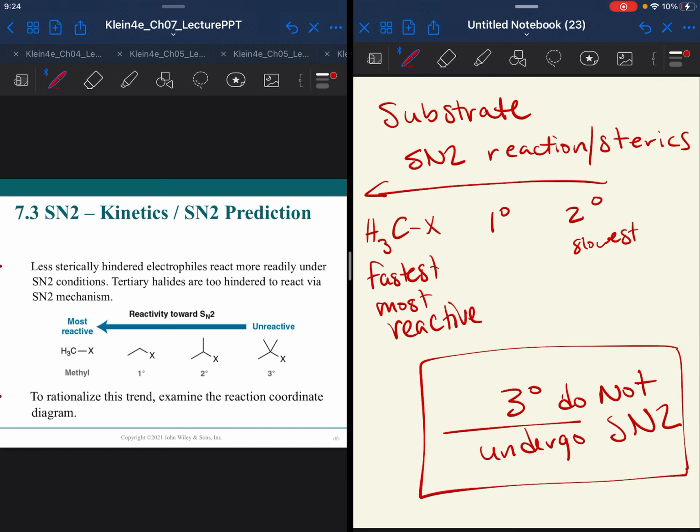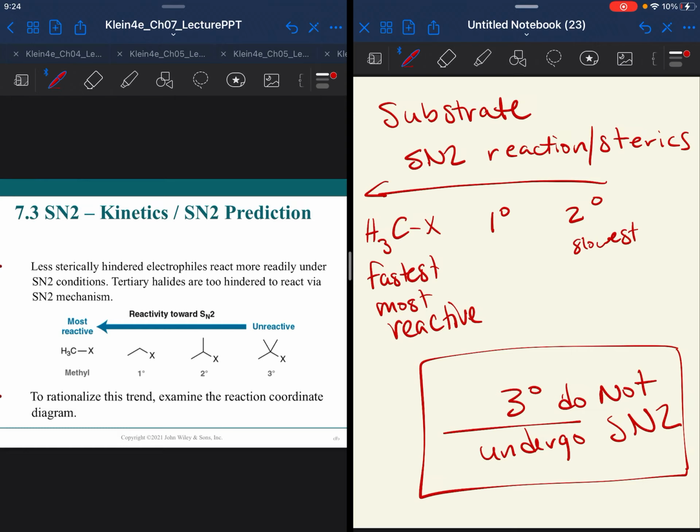Highlight this, put neon signs around it. Record this in a small recording and play it to yourself while you're sleeping. Tertiary alkyl halides do not undergo SN2 reactions.